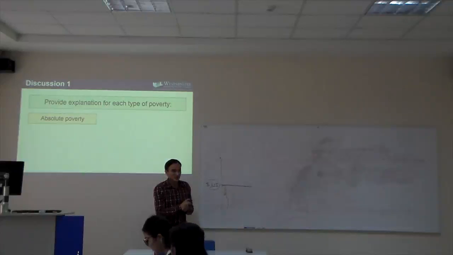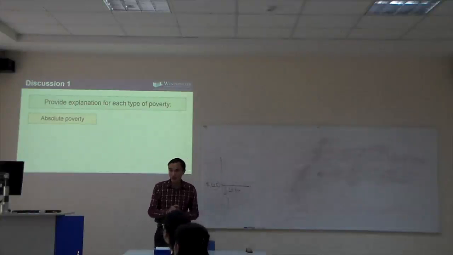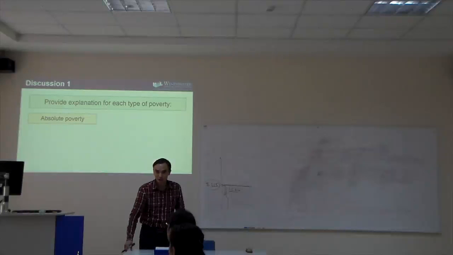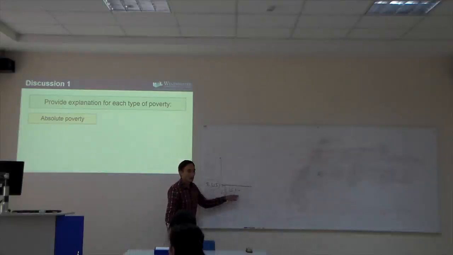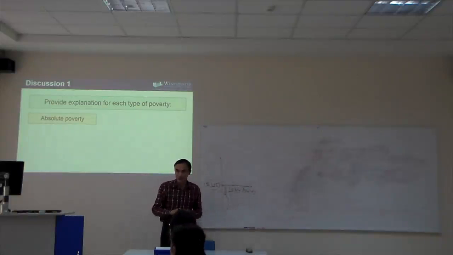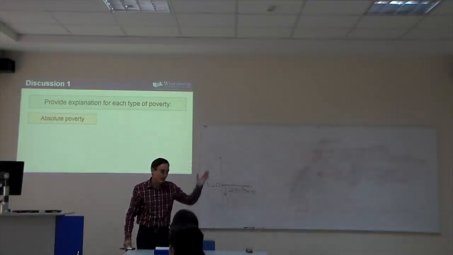Do you remember the number of people living in absolute poverty? The last data I have seen was from 2010. There were 1.2 billion people living under the absolute poverty line. Absolutely poor people. I believe today the number has increased. After 2010, so many things happened, especially the unrest in the Middle East and some African countries.